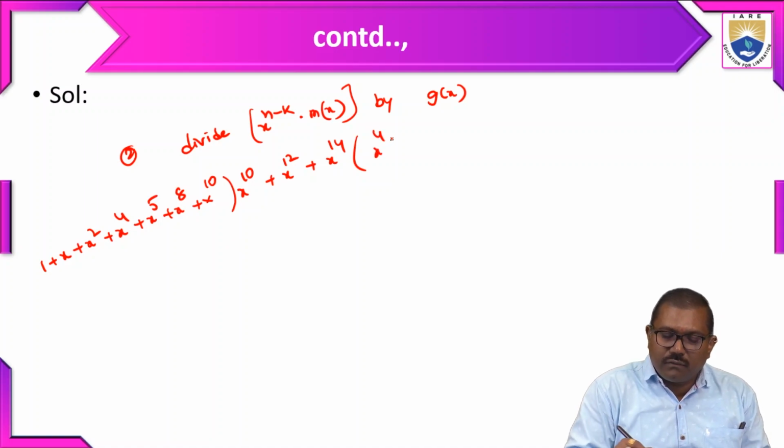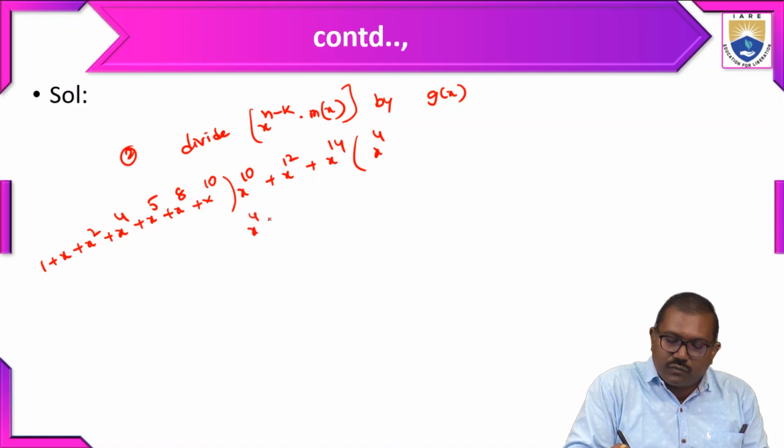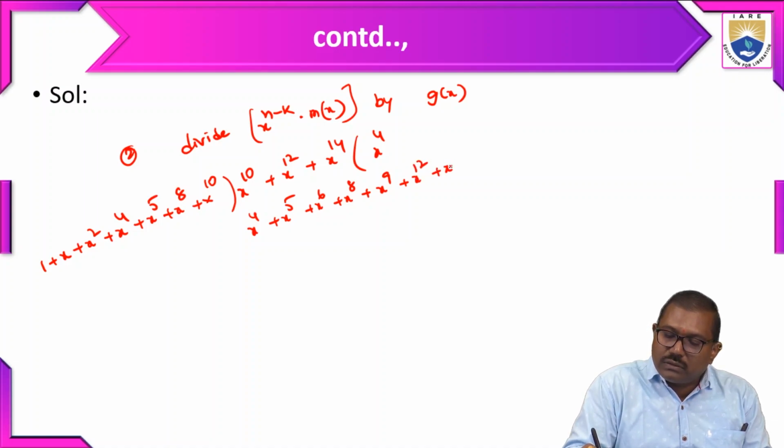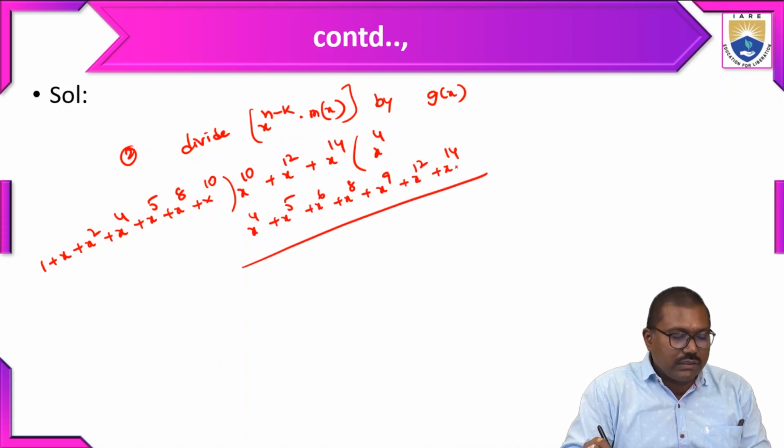So x power 4. Here you multiply this by the x4 term: x4, x5, x6, x8, x9, plus x12 plus x14. So this one you got.